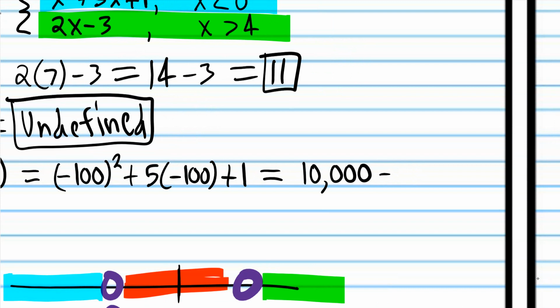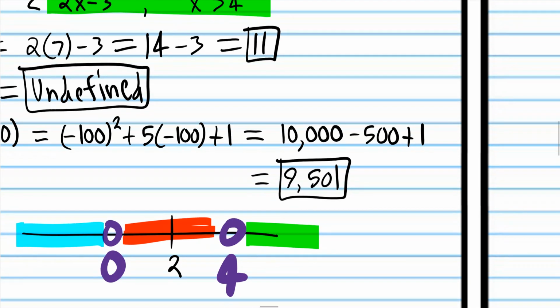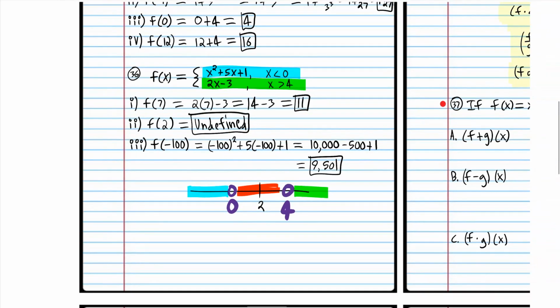And then 5 times -100 is -500 plus 1, so on and so forth. So we get 9,501. So if you got that right, good.